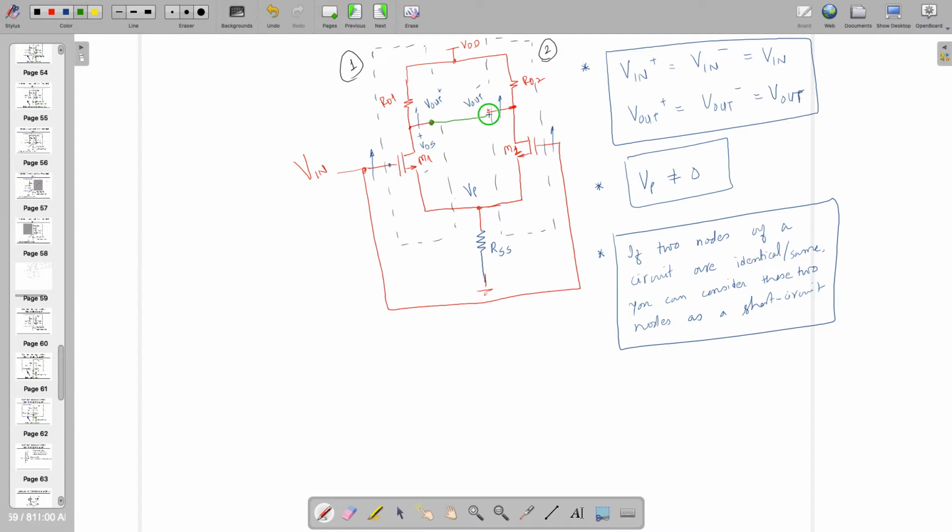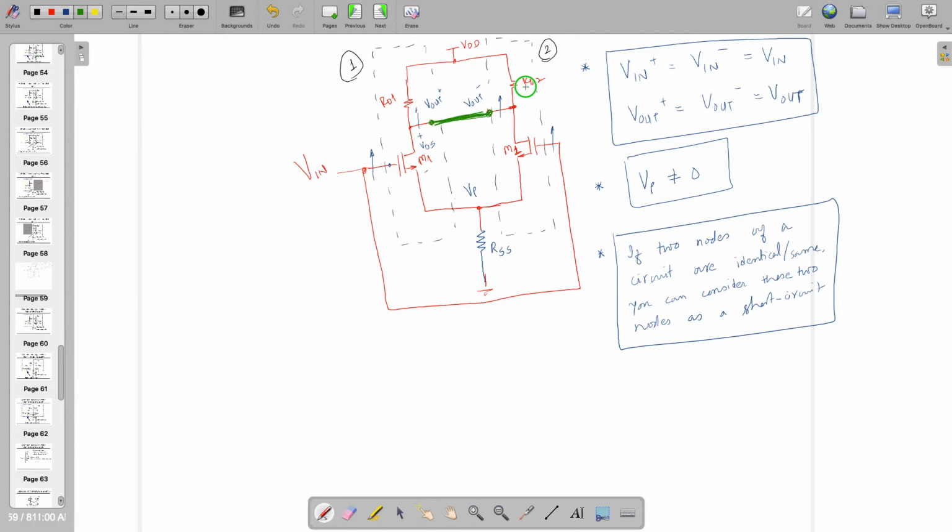So let's short them. By the way, this is happening on a notebook. This is not happening in reality, so when you are doing this, there will be some difference. Look, it's very difficult to get M1 and M2 identical, and RD1 and RD2 identical.